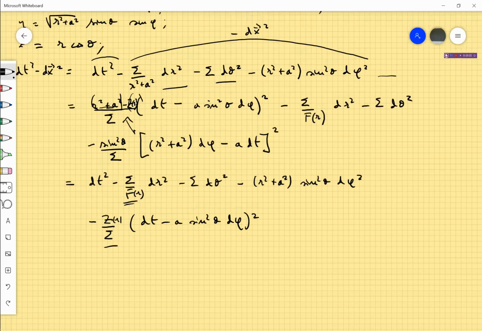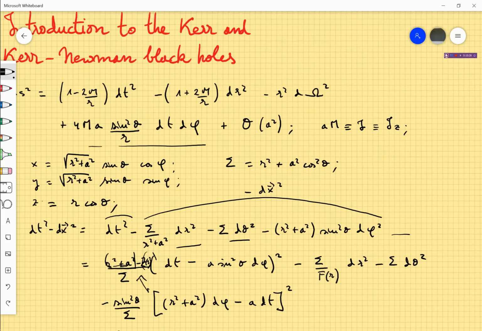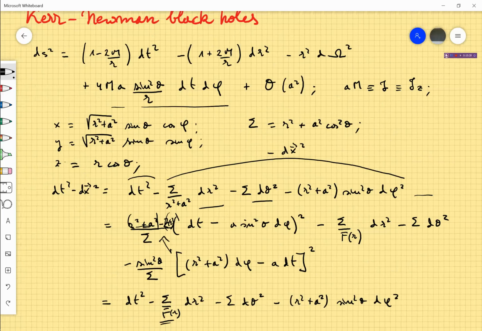As Teukolsky himself says, he has used the definition of these oblate spheroidal coordinates, and this parameter does not need to be a. It could be some function of a, because you expect that it depends on the angular momentum in some way, but it doesn't have to be a.